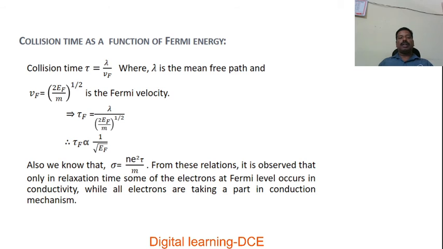The electrons present close to the Fermi level, where the transition takes place from the electronic level just below the Fermi level to the level just above it, within that stipulated time tau, are the ones that occur in the electrical conductivity expression.